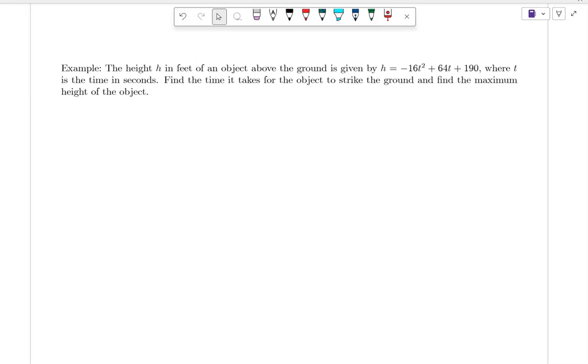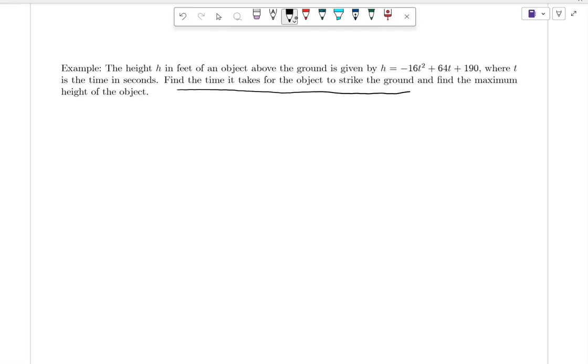So the first part of that last sentence really isn't asking you about max or min. It's asking you about some other concept that has to do with functions that we're going to expand on a little bit more today. It says when does the object hit the ground?